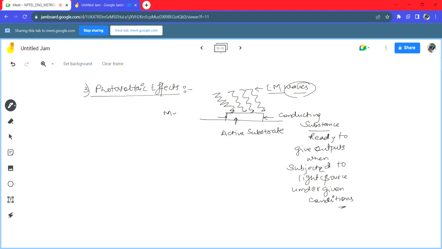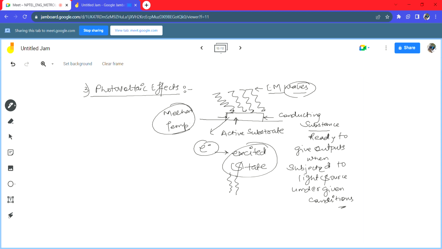First is the mechanical hit at the micro level, then they raise the temperature of this substrate, and because of these two combined effects, the electrons here are going to an excited state, and once this excited state of electrons is achieved at a considerable level and electrons start to emit out, what we find here is a sustained electrical output.